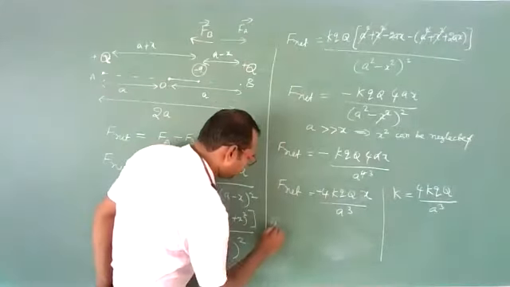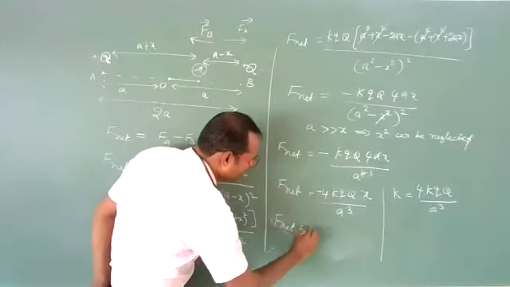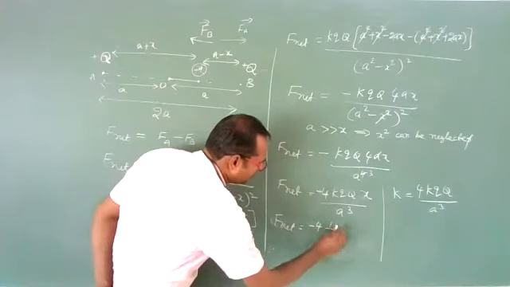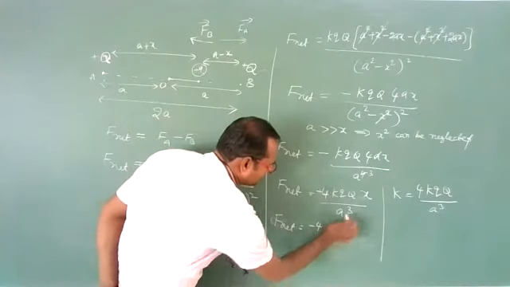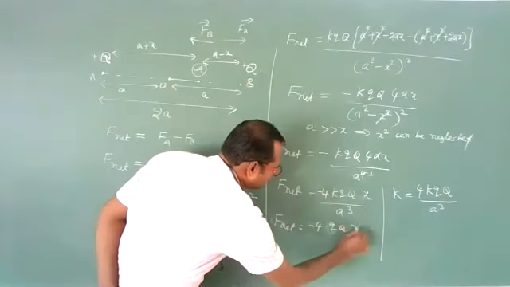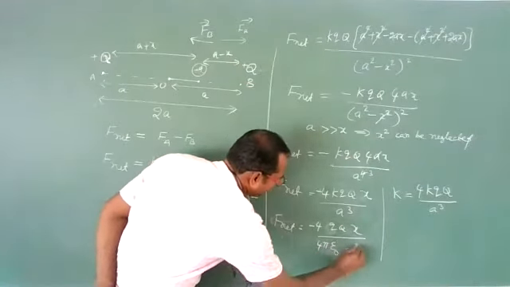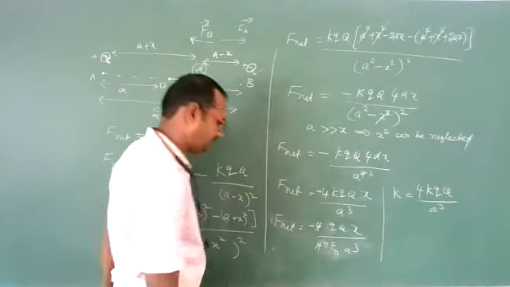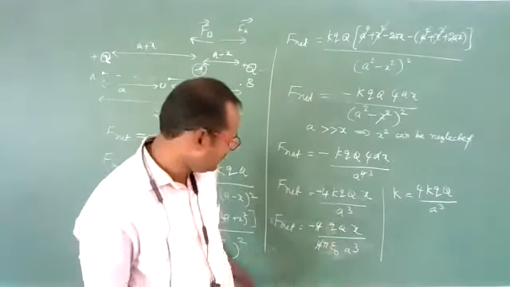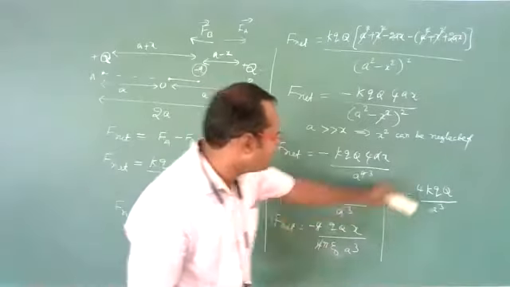Here F net will become F net is equal to minus 1 by 4 pi epsilon naught, into 4 q Q x divided by a cube. The 4 cancels. The k value is 1 by 4 pi epsilon naught, so I am writing that.